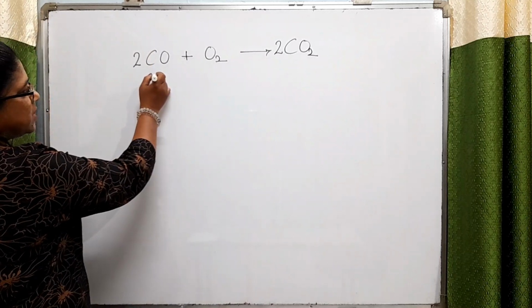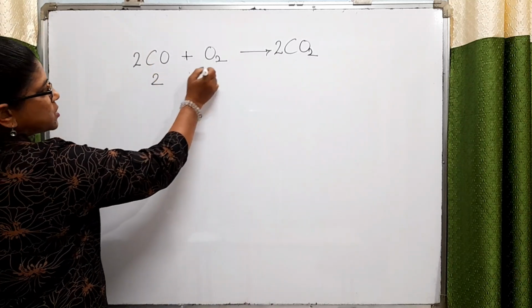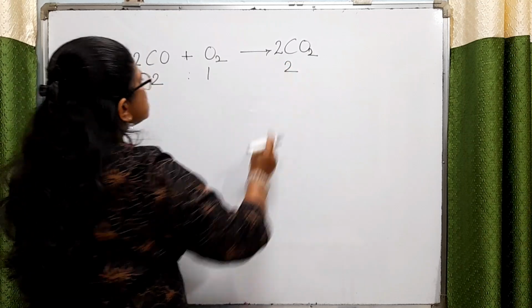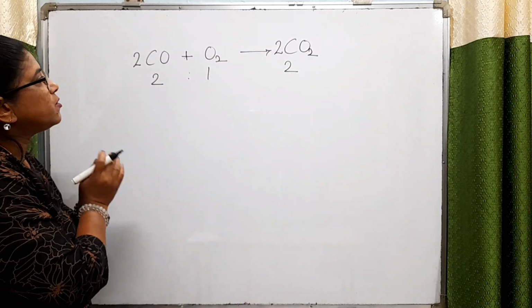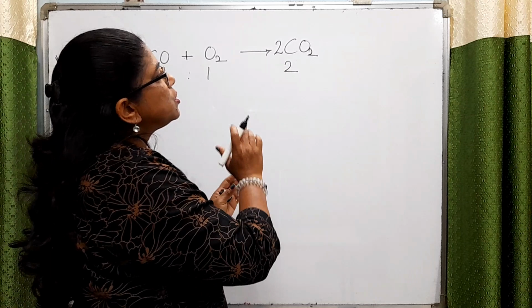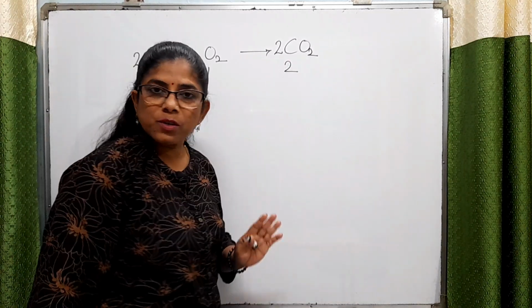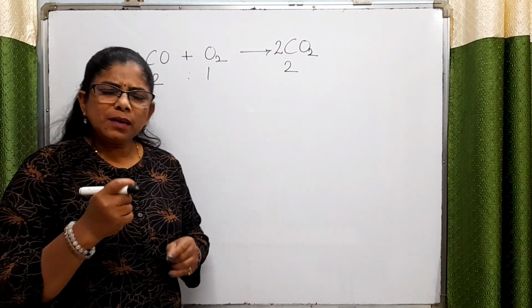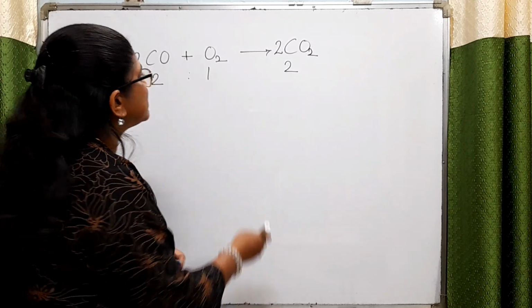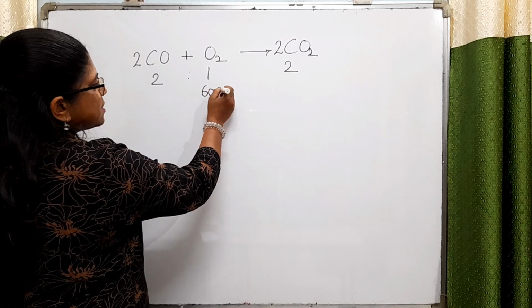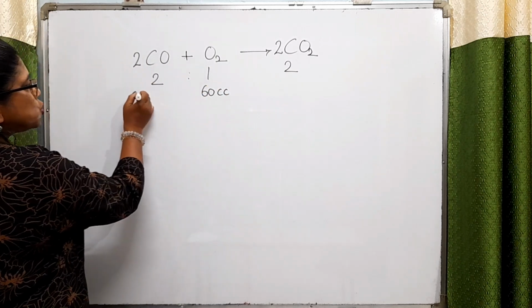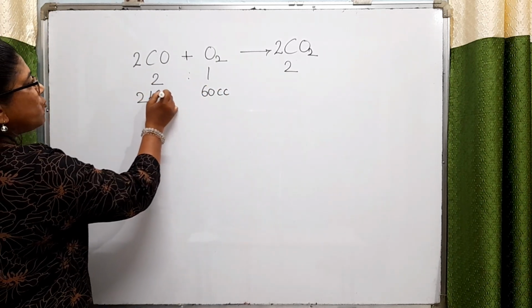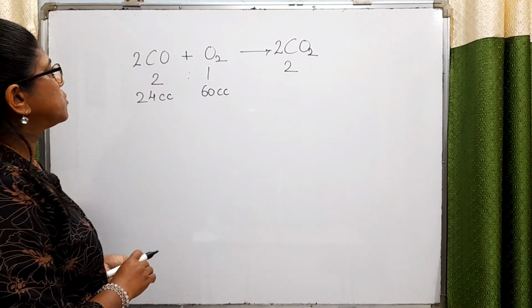So here ratio 2 is to 1, 2. So 2 volumes of carbon monoxide reacts with 1 volume of oxygen, and this gives us 2 volumes of carbon dioxide. And what is given here? Here in this reaction, they are adding 60 cc of oxygen to 24 cc of carbon monoxide.